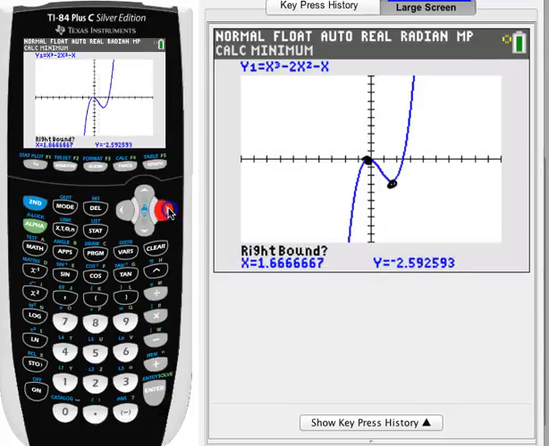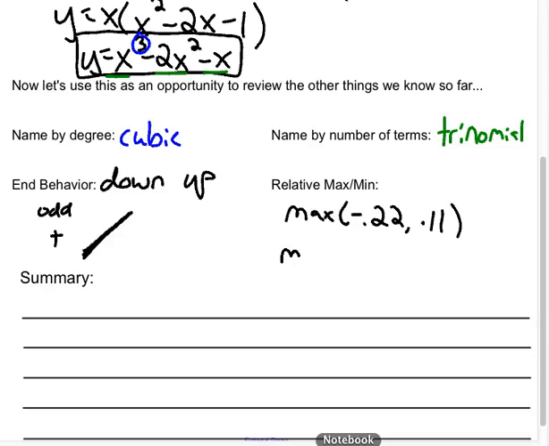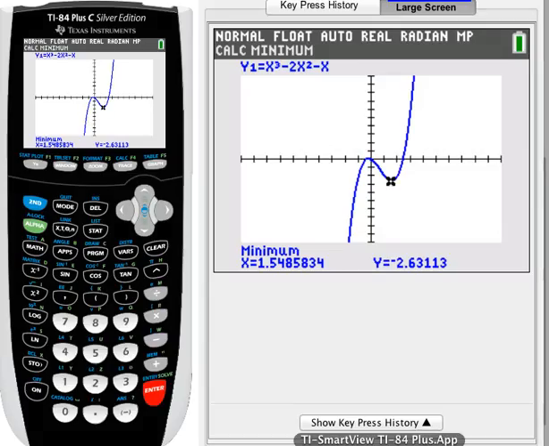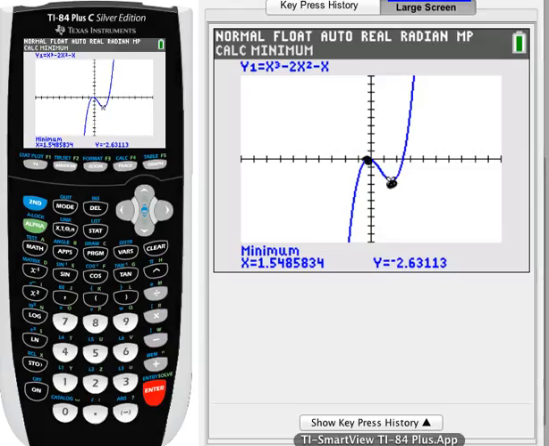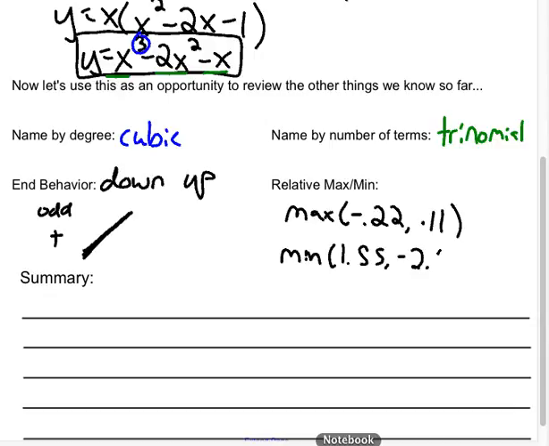Then I'm going to scroll until I'm to the right of the minimum. Hit enter. So here I'm at 1.55, and negative 2.63. Don't forget, I'd like you to go to 2 decimal places, please, when you're rounding for maxes and mins.